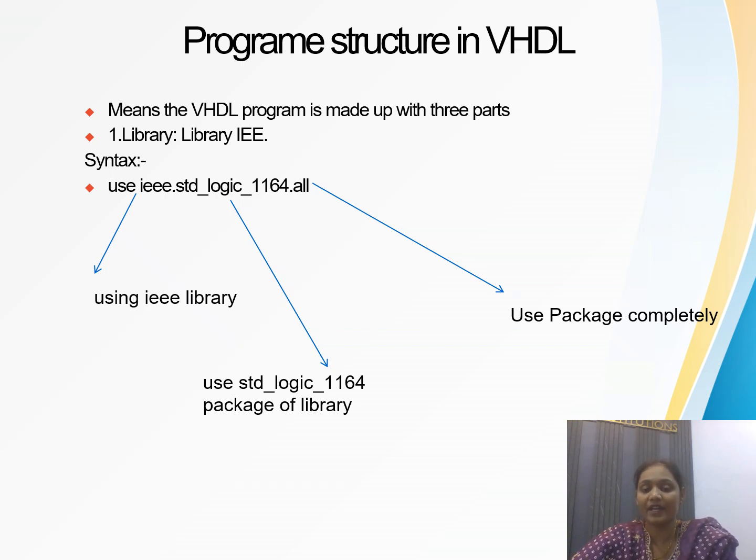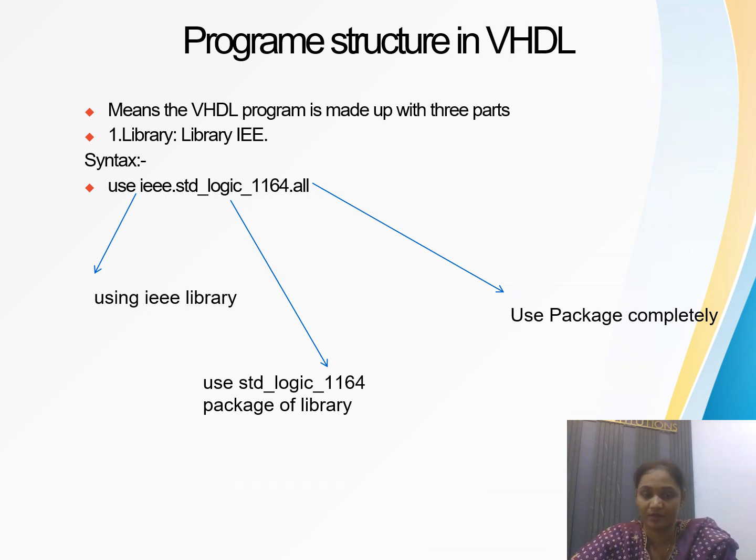The use clause: use IEEE.std_logic_1164.all is the syntax of this library. Here IEEE is the name of the library, and .std_logic_1164 is one of the types of package already installed or available in that library, and .all means all the packages are completely available.